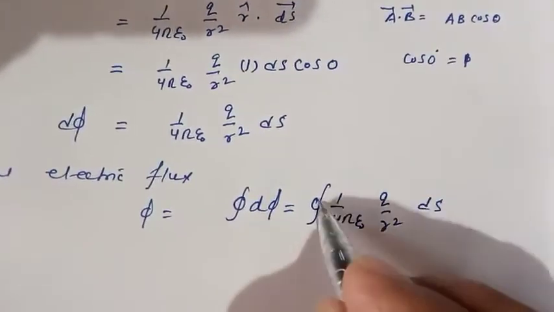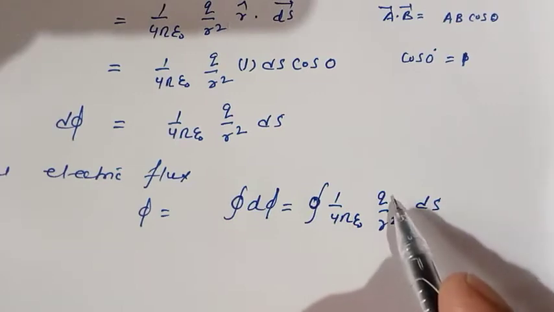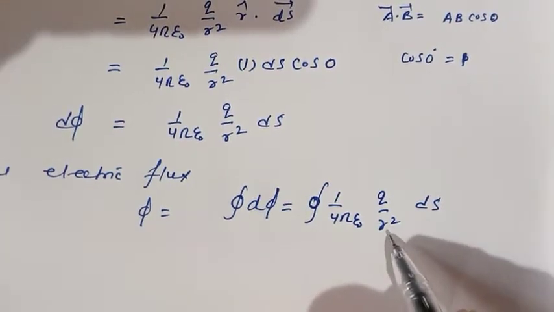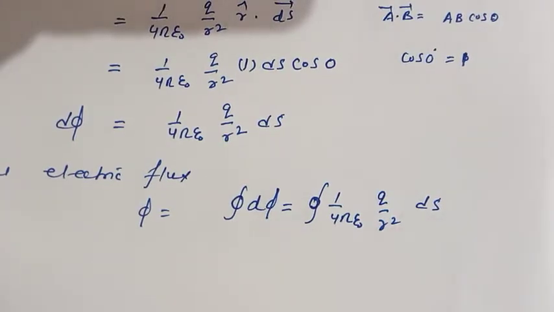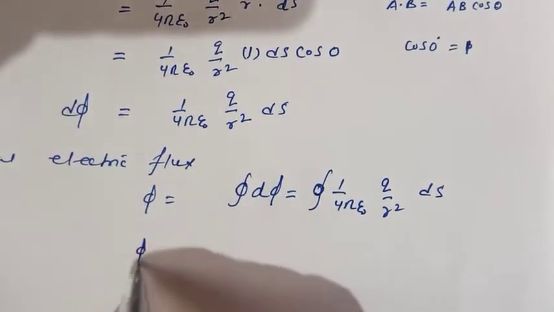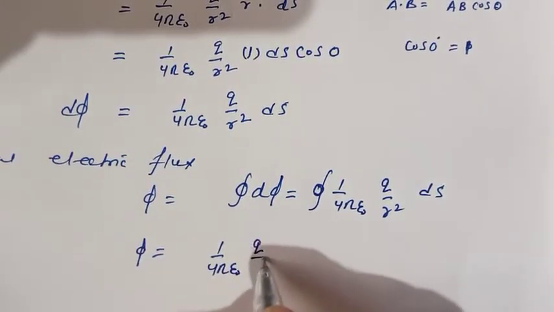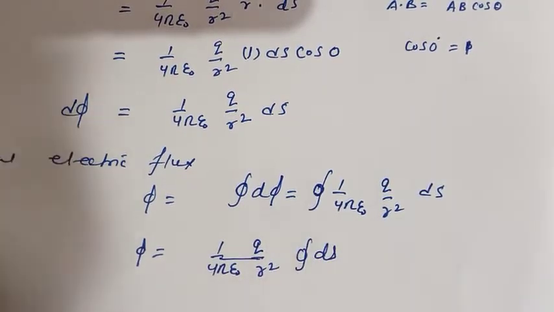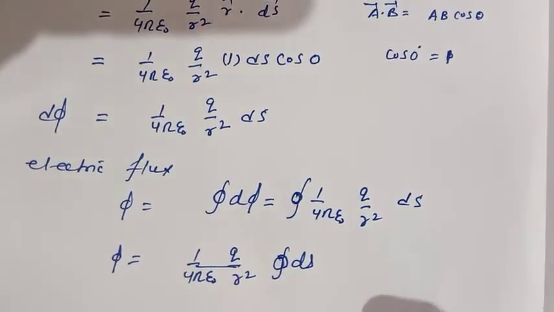Now 1 upon 4 pi epsilon 0 is constant, the charge inside the spherical surface is also constant, and the radius of the spherical surface is also constant, but only ds is left. So constant terms come out of the integral: 1 upon 4 pi epsilon 0, q upon r square, integral of ds.